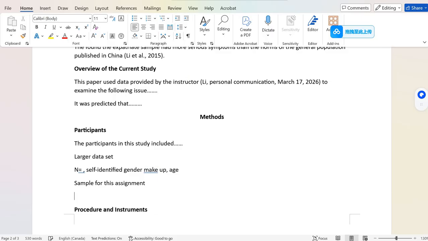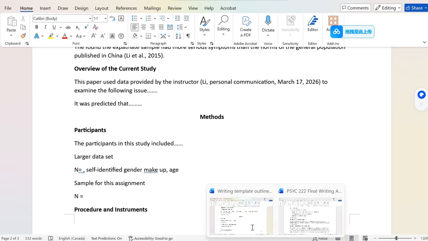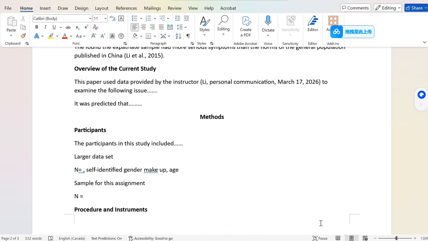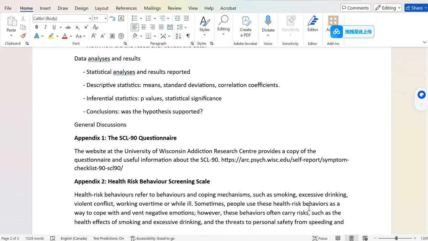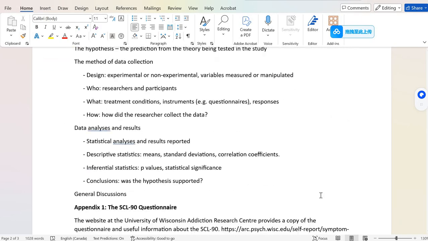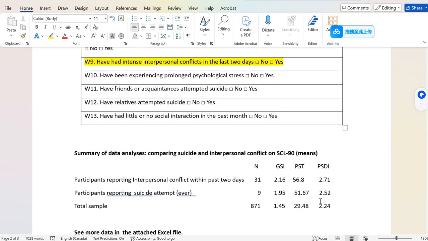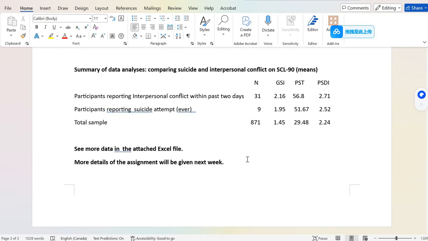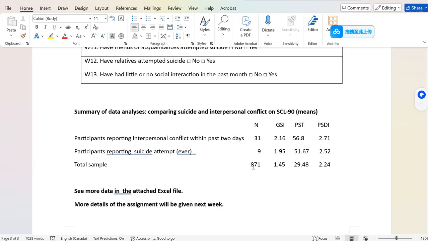And you explain the N number. This part is given in the writing assignment instructions. In the instructions, you have the characteristics of the sample. Altogether, you have 871.